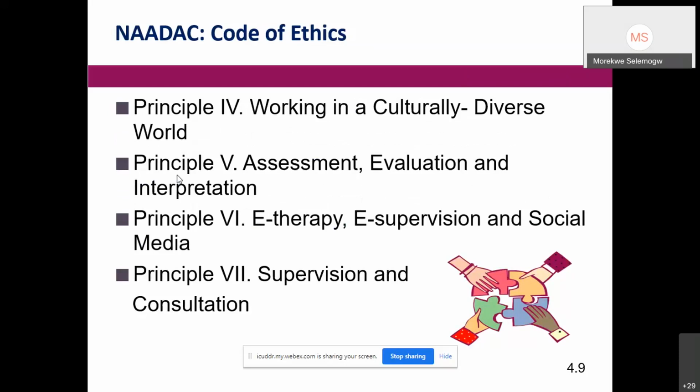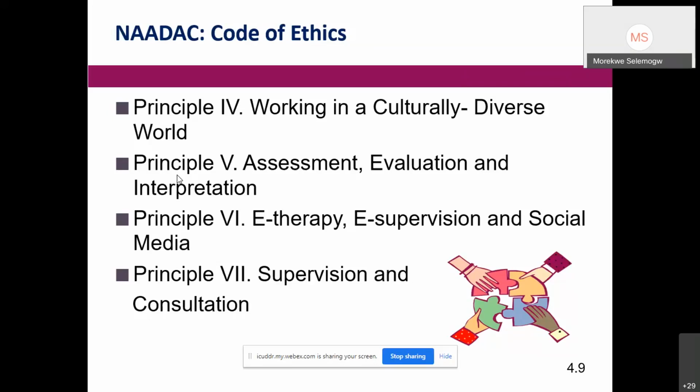Principle 6 focuses on e-therapy, e-supervision, and social media. This principle is actually very interesting in that since Corona, a lot of people have been providing therapy using digital media, and therefore it's more relevant right now to be talking about it, more especially that a lot of times in our programs we've not been using digital media to provide therapy nor supervision, right?